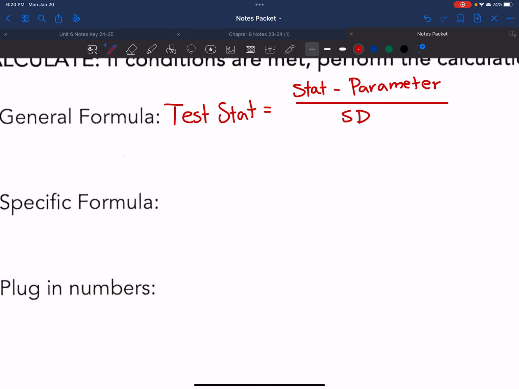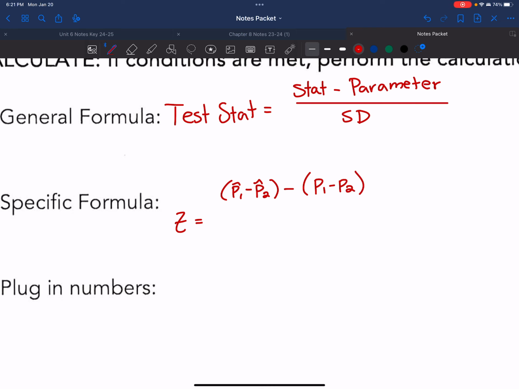If I plug everything in, our statistic is p hat 1 minus p hat 2. That's what we calculated earlier. Minus p1 minus p2, which in this case we assumed was 0, right? And then divided by the standard deviation.